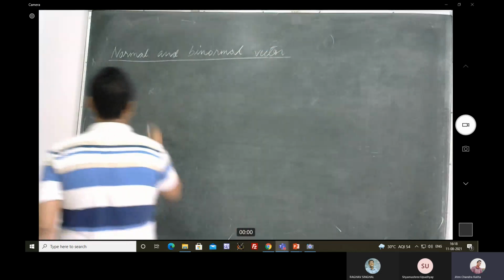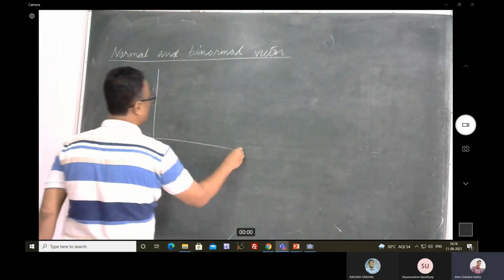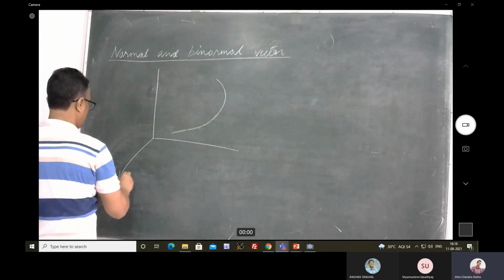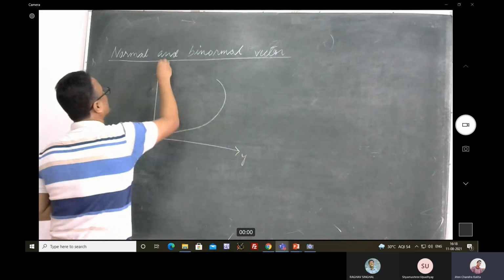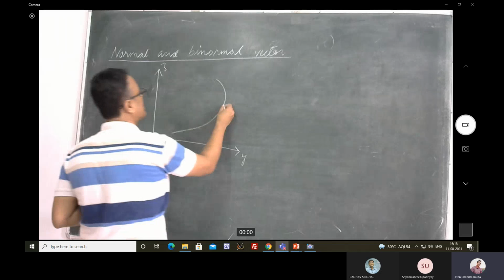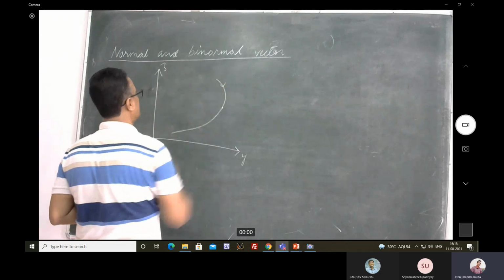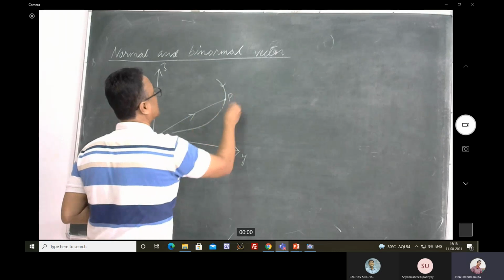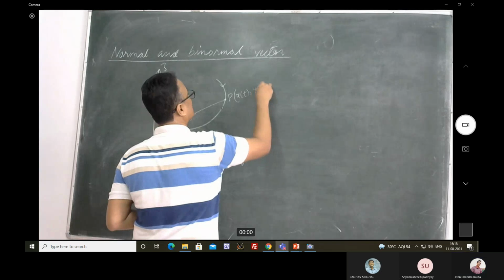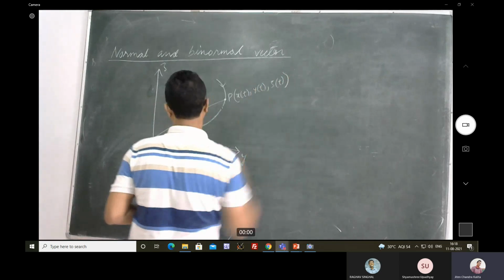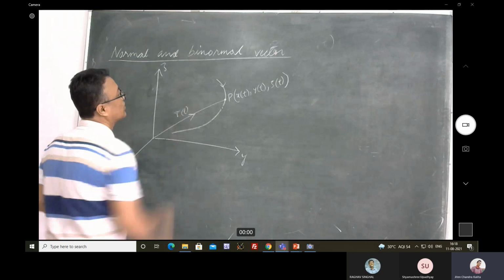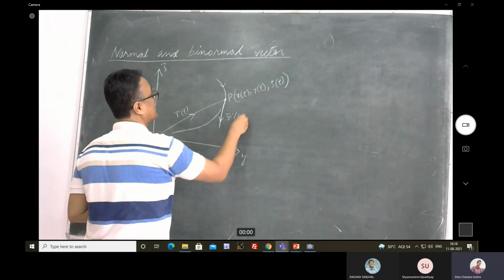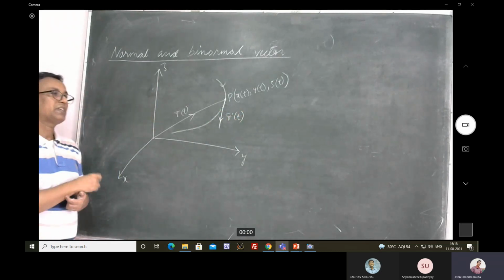Suppose I am considering a curve in space like this, with axes X, Y, Z. Then you know that if I consider any point P, and suppose this is the direction, this is going to be my tangent.